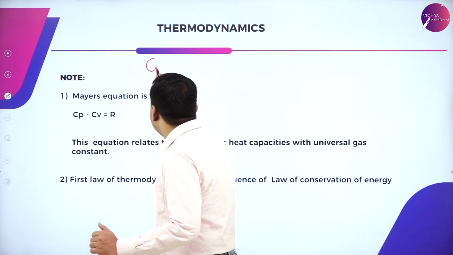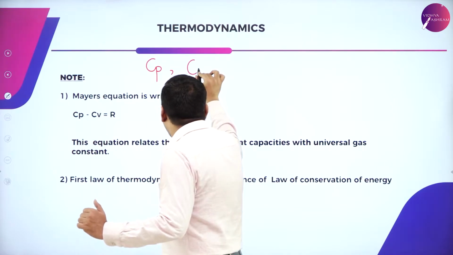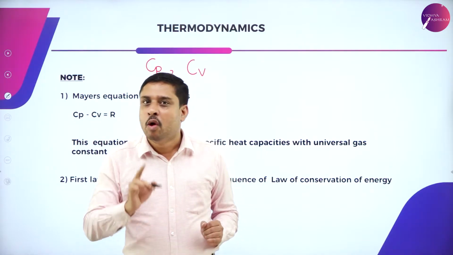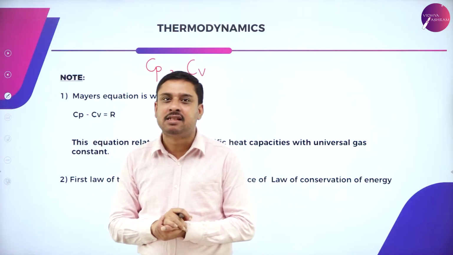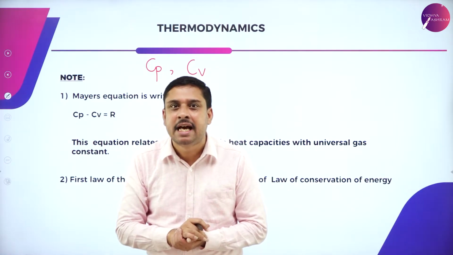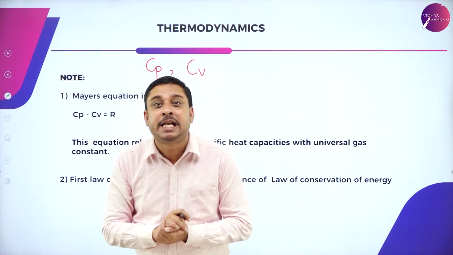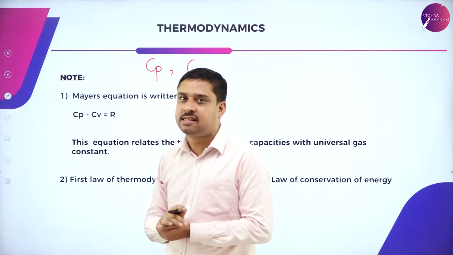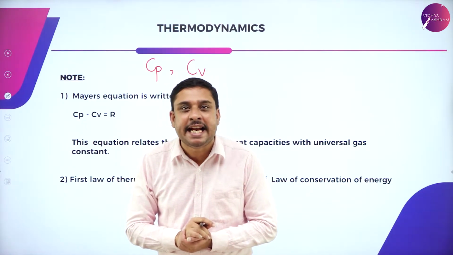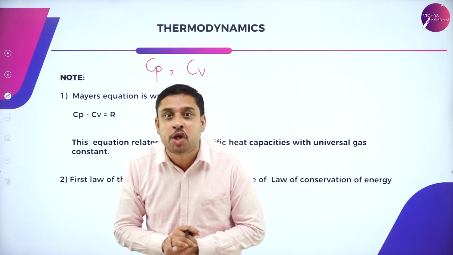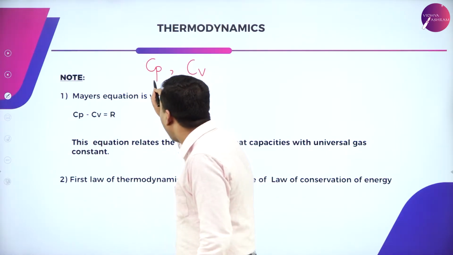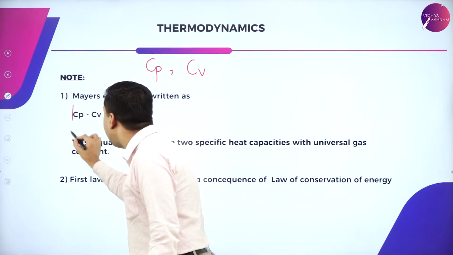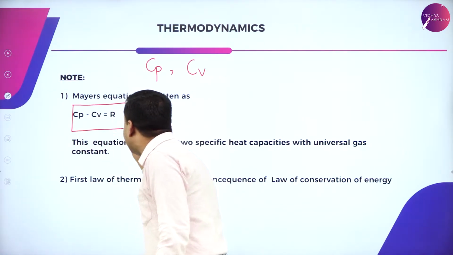In my previous session, we have studied about Cp and Cv. What did we call Cp as? Specific heat at constant pressure. What did we call Cv as? Specific heat at constant volume. And both these specific heats are related by an equation.